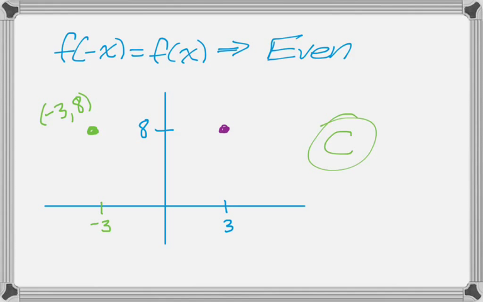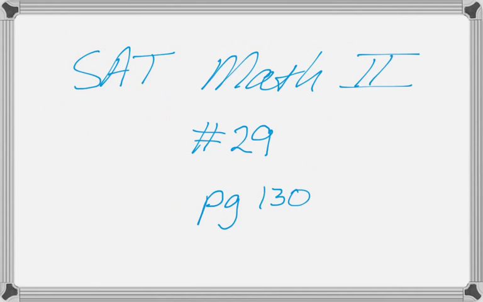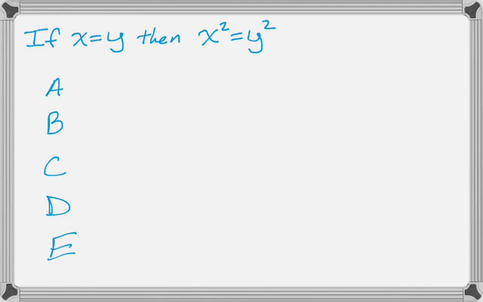The next question here is one of those if P then Q type questions, so this would be number 29. We're told if x equals y, then x squared equals y squared. Which of the answer choices cannot be inferred from this? Option A is actually just saying the exact same thing over again.